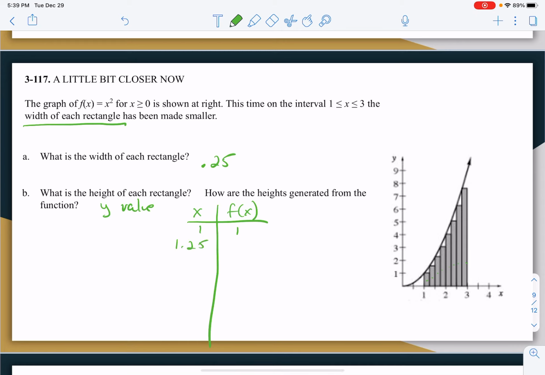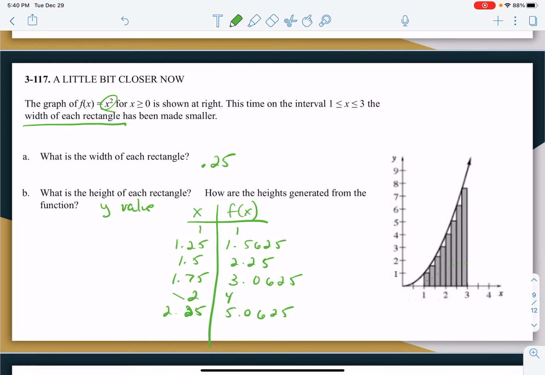If I put a 1.25 into this function, I get out a 1.5625, and so on, inputting x values to calculate the y value. These give me the height of each rectangle.